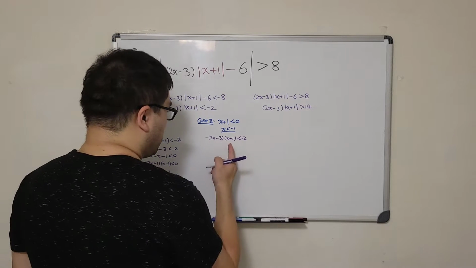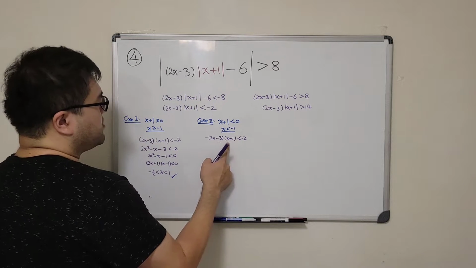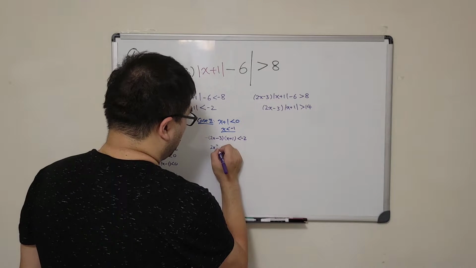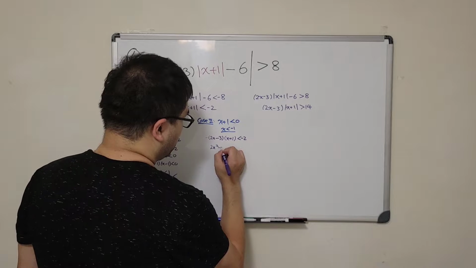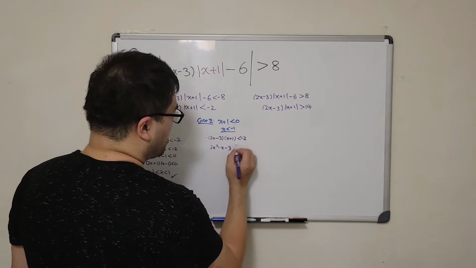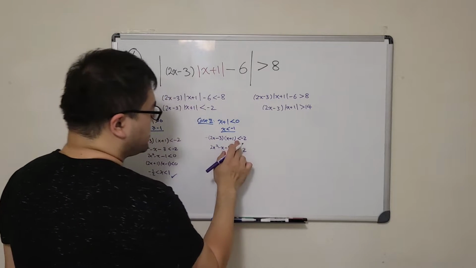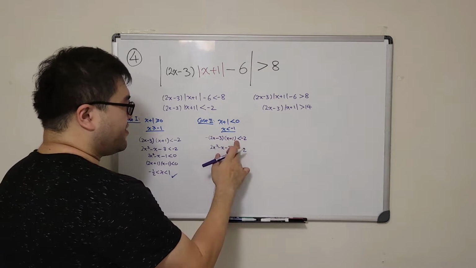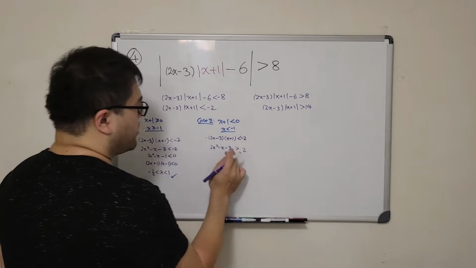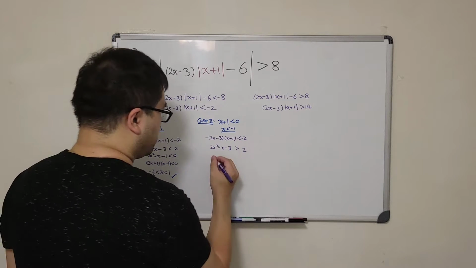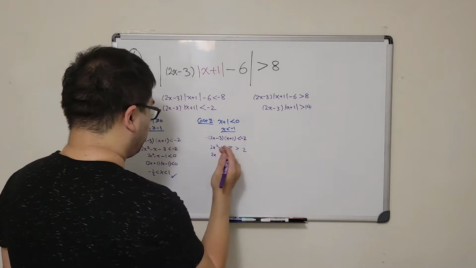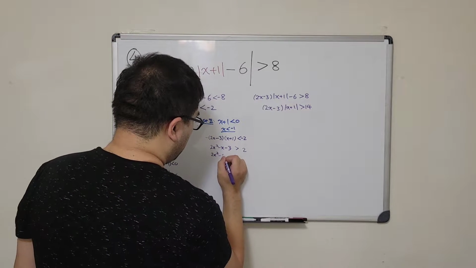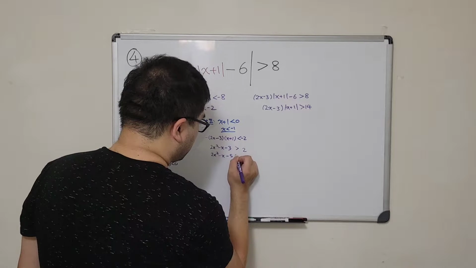Then we can just take the product of the two factors and also multiply both sides by negative 1. We get 2x squared minus x minus 3, and keep in mind, since we're multiplying negative 1 on both sides of the inequality, we also need to flip the sign. We now get greater than positive 2.